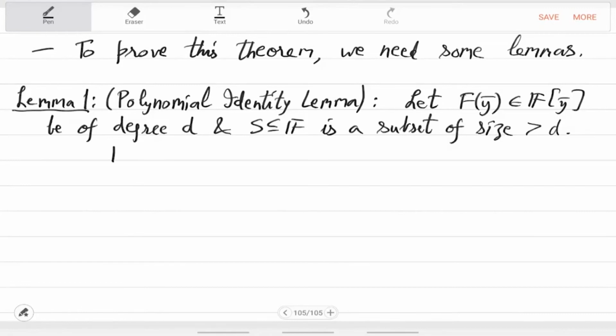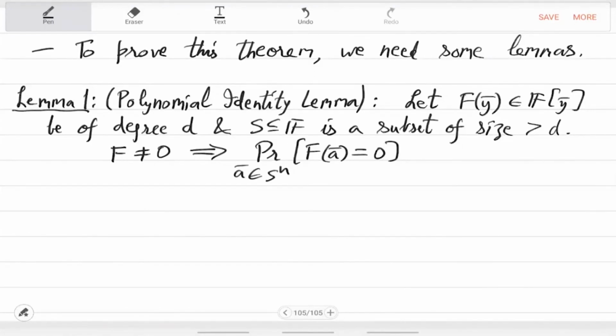then if F is non-zero, not identically zero, what is the probability of it vanishing at a random point? So what is this bound? If you have a non-zero function and you evaluate it at a random point, what is the chance that it vanishes?